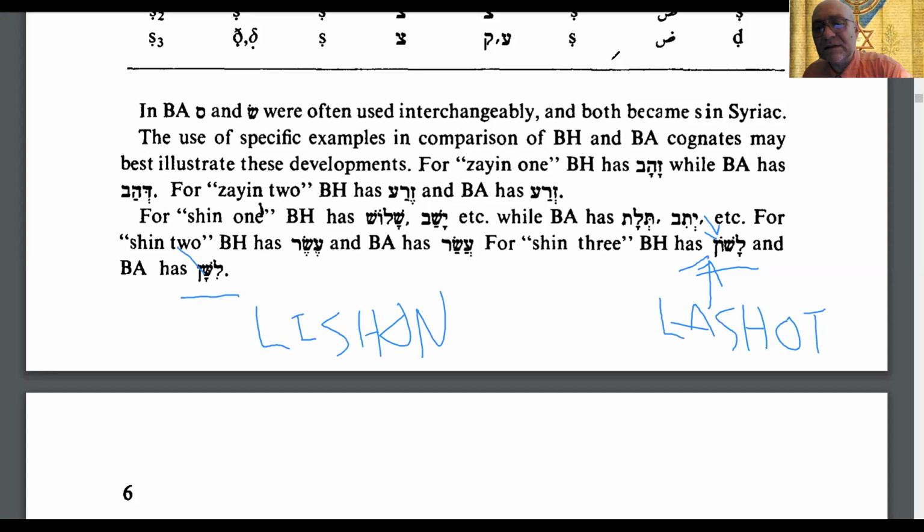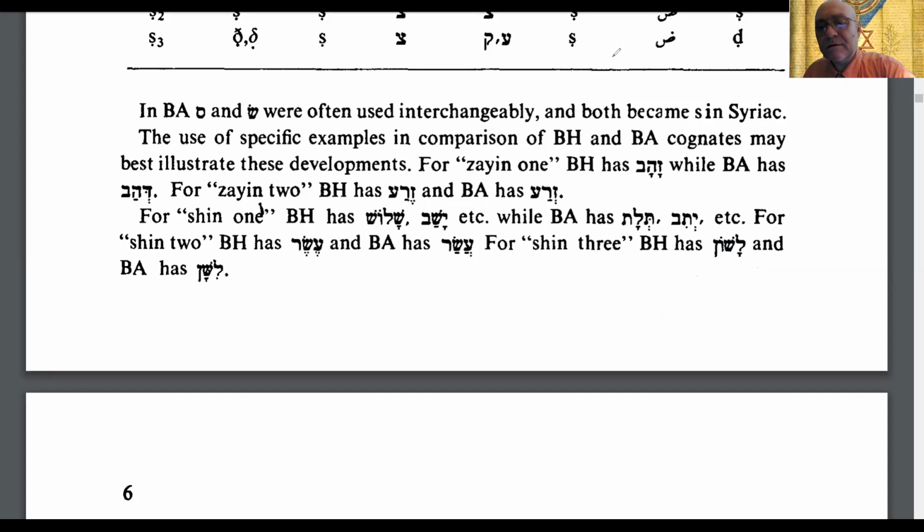Oh, wait a minute. Okay, I see what they've done here. This is kind of different here. This is lashon. Okay, I'm glad I caught that. That's wrong. Lashon. And this is lishan. Let me clear that again. I could see, it almost looked like a tav the way they put the script together, but no, it's a lamed with kametz.